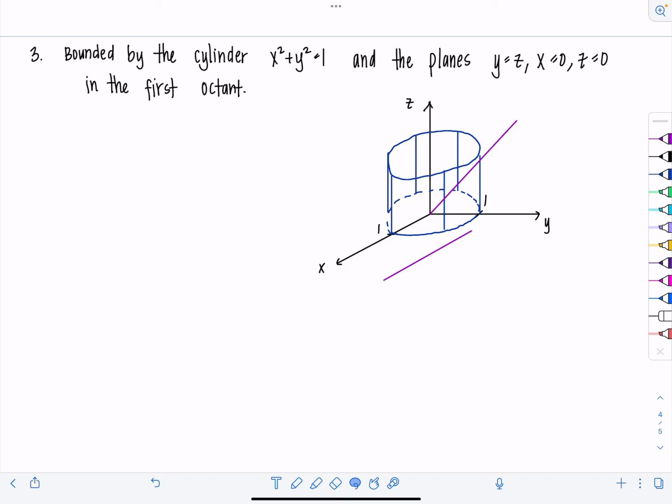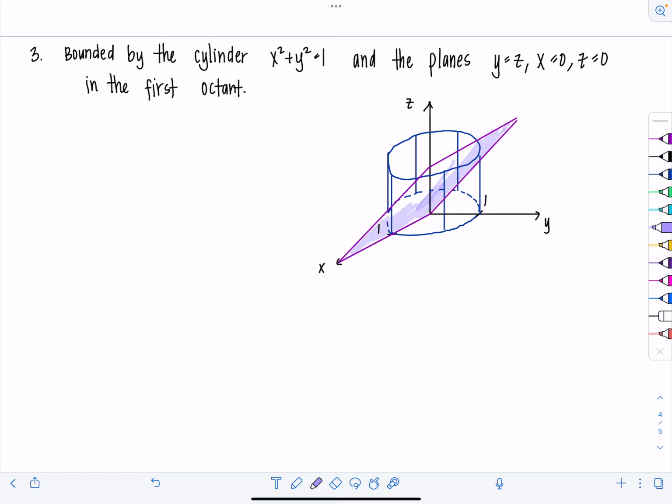Copy. Paste it here. Okay, and you could just paste it right on top there. So here's the plane y equals z. So imagine it's cutting through the cylinder.